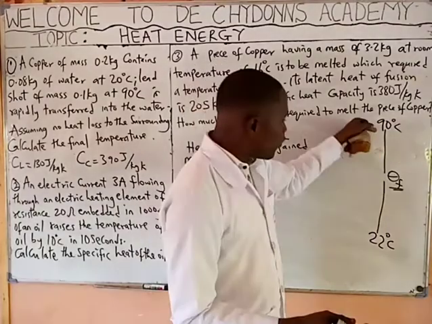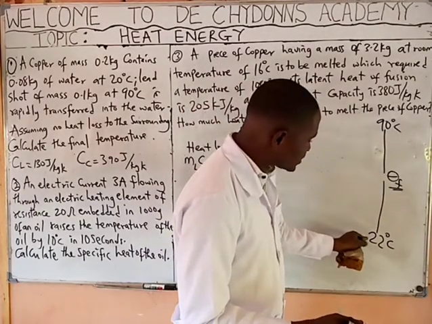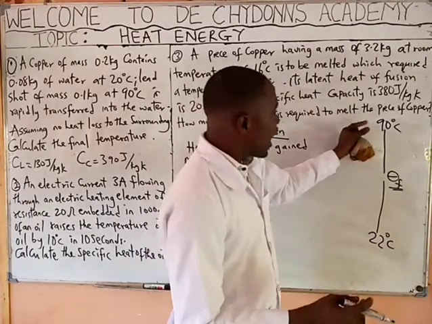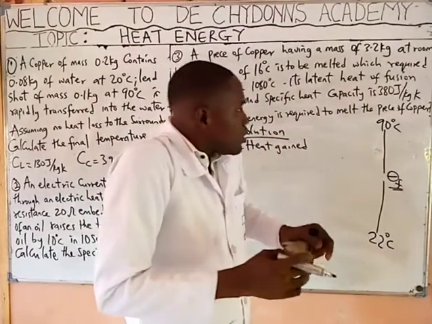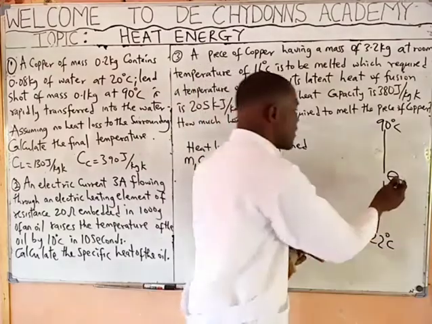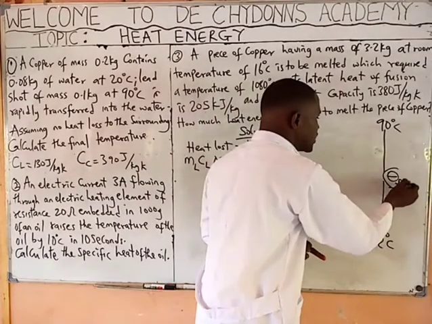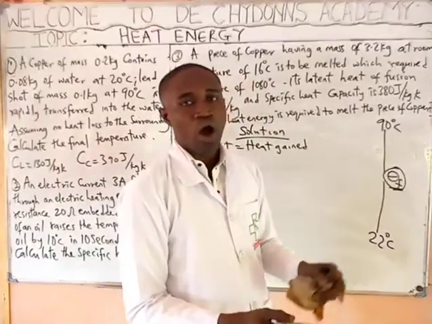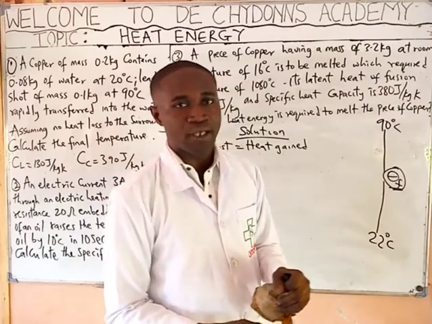Once you put the lead inside the water that is less hot, it will absorb the heat. In essence, the copper will also absorb the heat, and all of them will have this final temperature, called the final or equilibrium temperature.